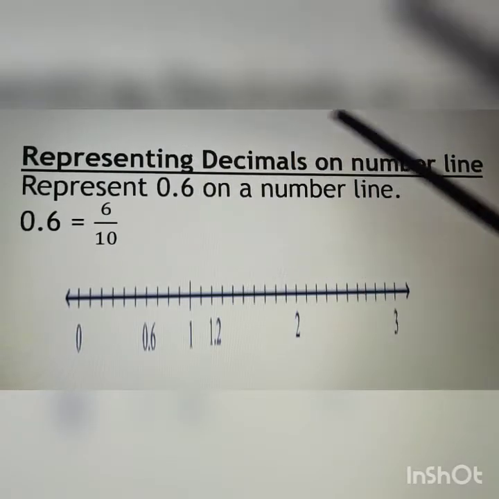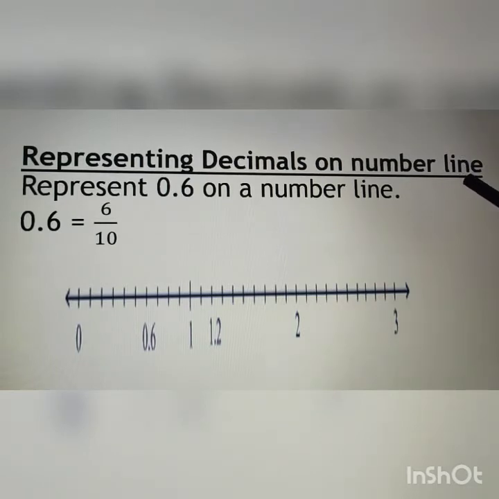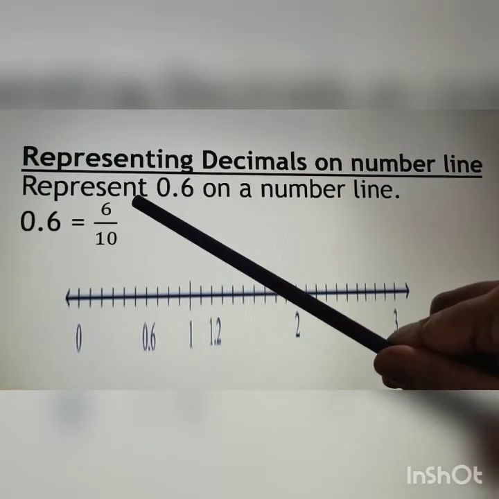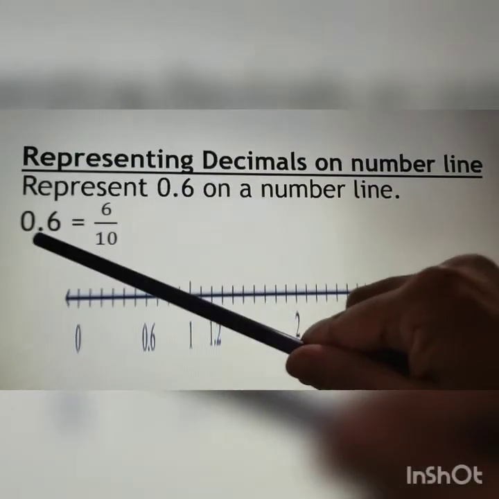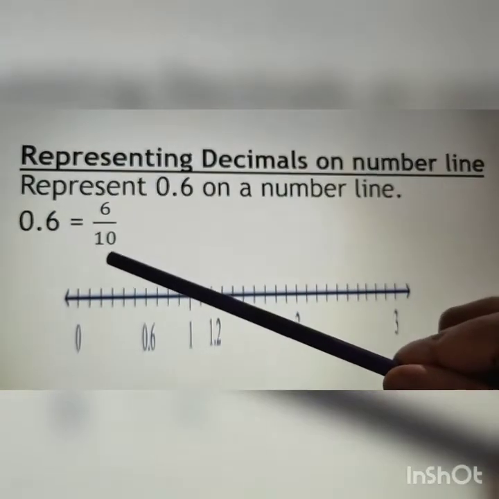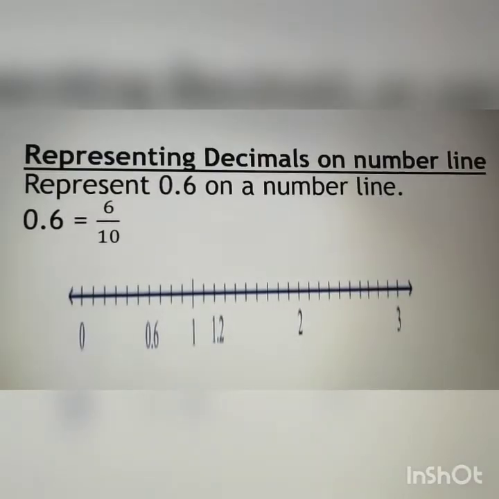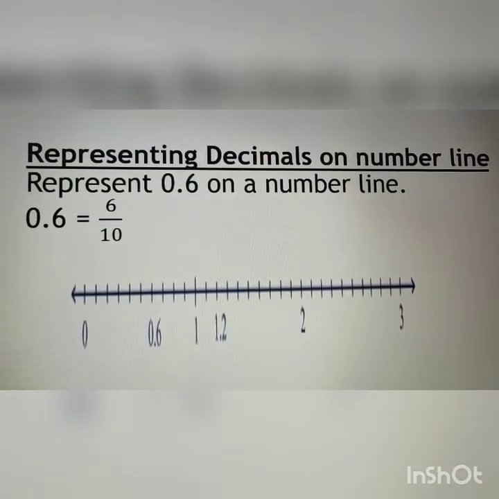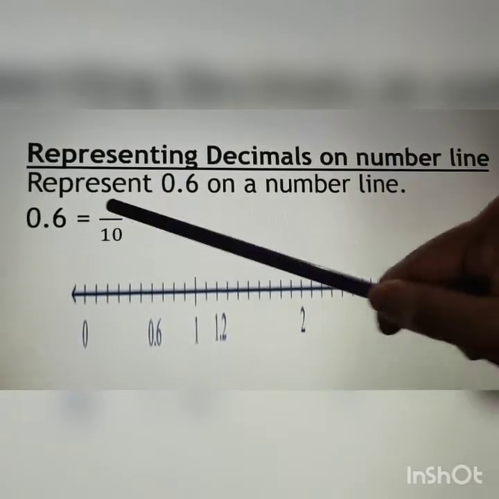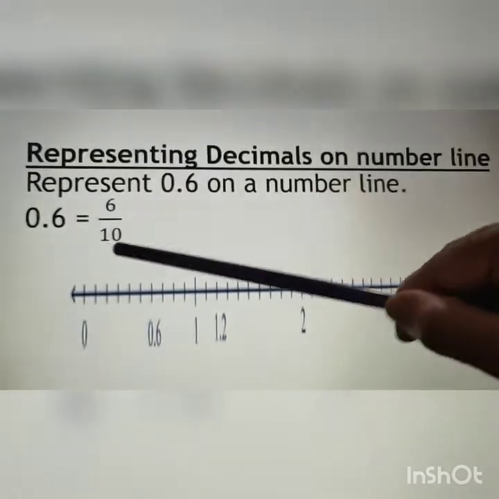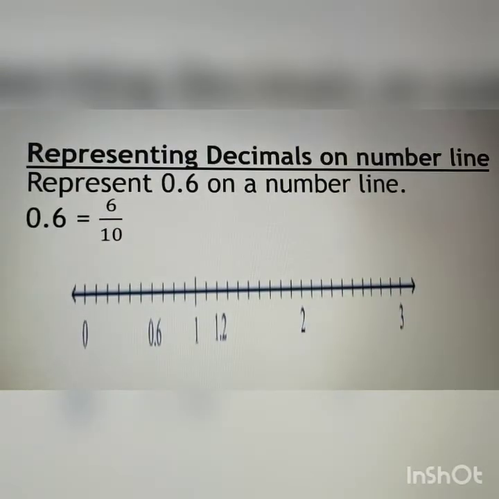Next is representing decimals on number line. Example, represent 0.6 on a number line. We can write 0.6 as 6 upon 10. And you have already learned how to represent fractions on a number line. 6 upon 10, since the denominator is 10, we will divide the number line into 10 equal parts.